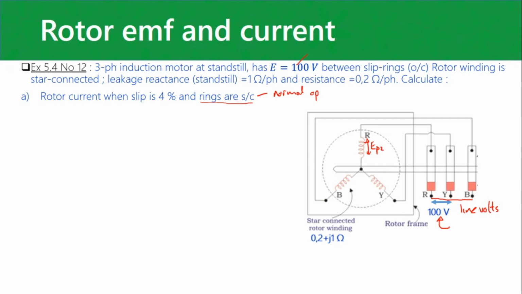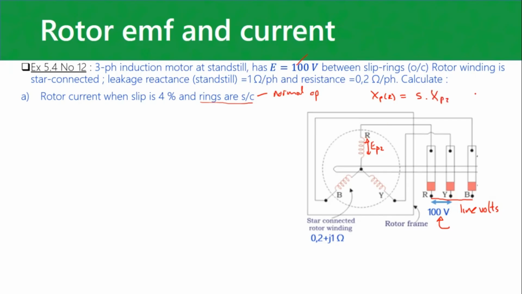So then the rotor winding is star connected. It's always star connected. Now they say the reactance of the rotor at standstill. You see, they have to give you a reference value for the reactance, so that when the rotor is turning, we can work out SXP2.